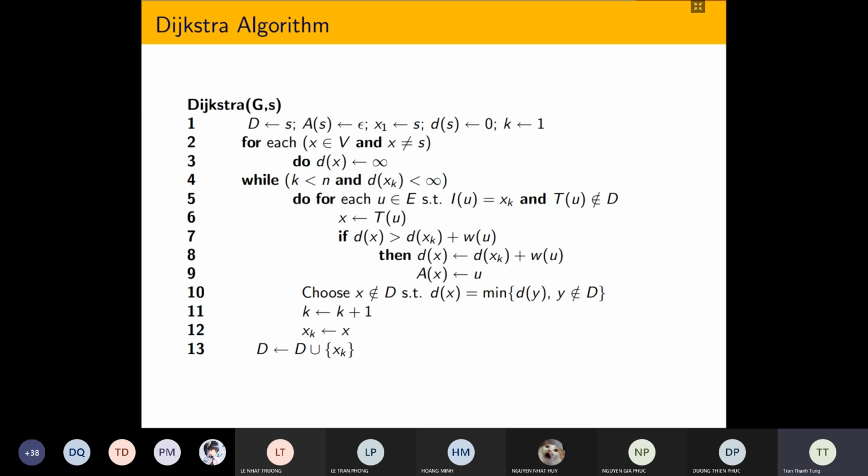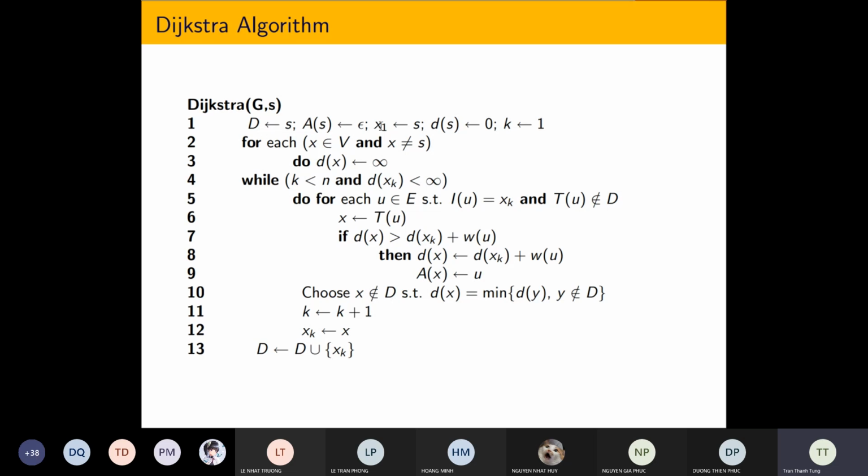So we have this one, and let's check it. Here we have the set D. At the beginning, it is a single source, so we start with one node. S is the source. We have A, let's check the meaning later on.